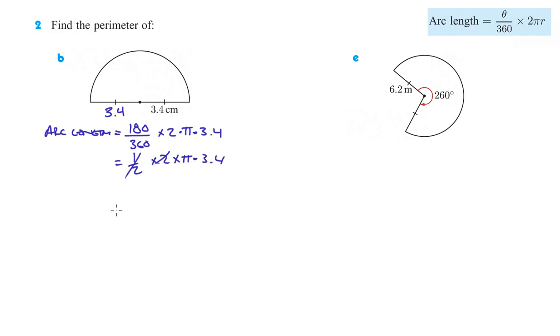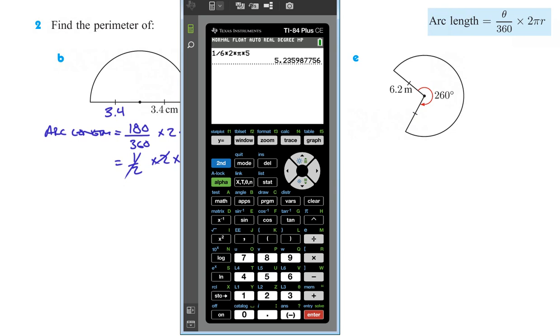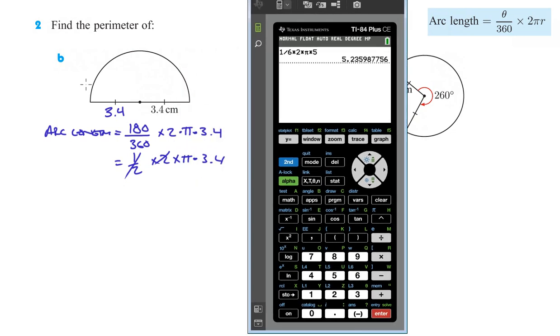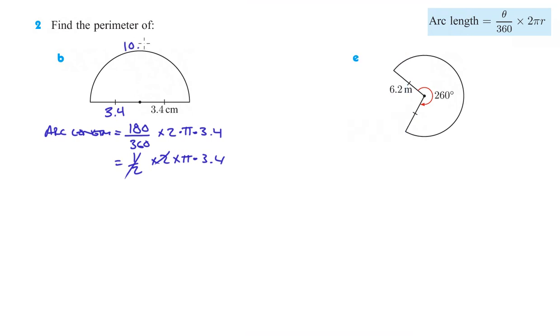So this 2 and 1/2 reduce down to 1, so it's just 3.4 times pi for the semicircle part. 3.4 times pi, right? And we get, let's go with, 10.7. So this here is 10.7 centimeters.